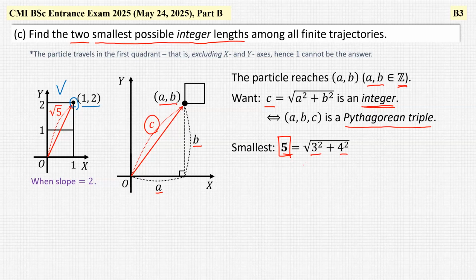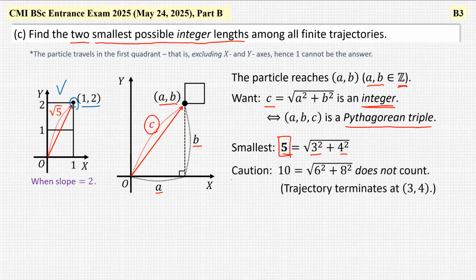The smallest case is a very famous one, giving the hypotenuse length of 5 in a 3, 4, 5 right triangle. A bit of a caution though, some of you may also know that a 6, 8, 10 triangle also gives the integer hypotenuse, but this case does not count here because if you draw the trajectory over the unit squares, you'll notice that the trajectory meets the lattice point 3, 4, thus terminates there before reaching 6, 8.